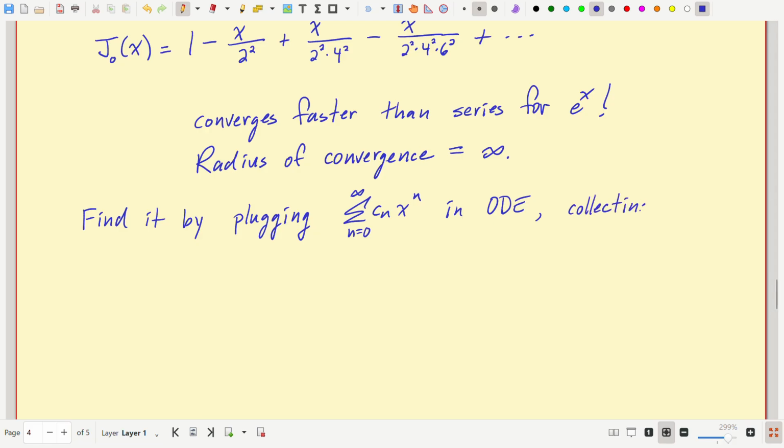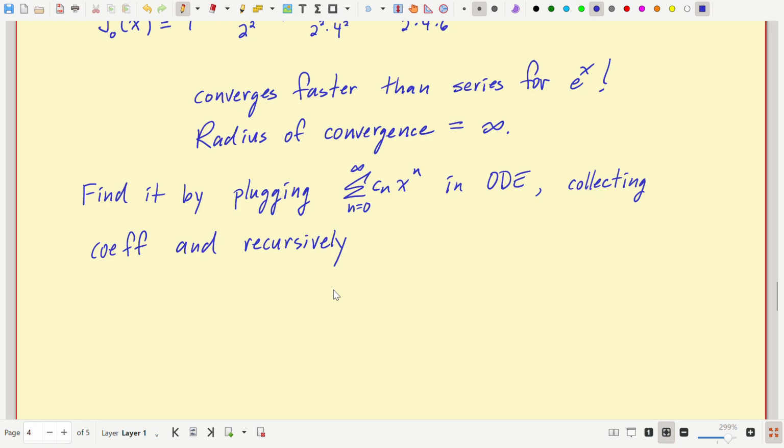So you collect coefficients and recursively determine the coefficients. It's a fun skill to learn. We used to teach it in Math 262 in the old days, toward the end.